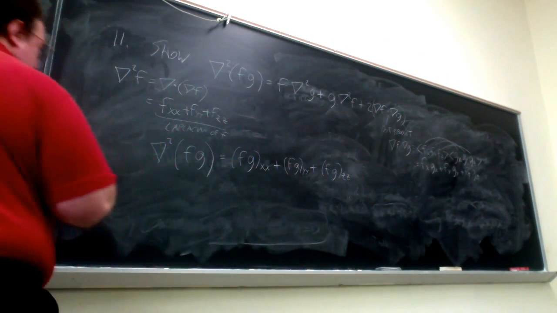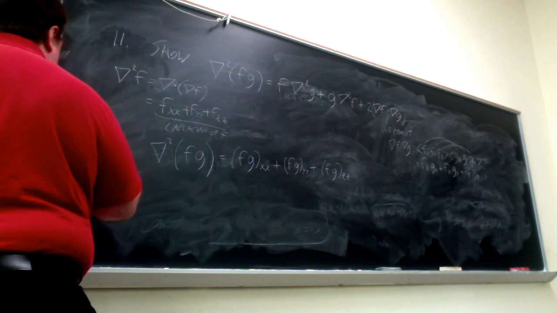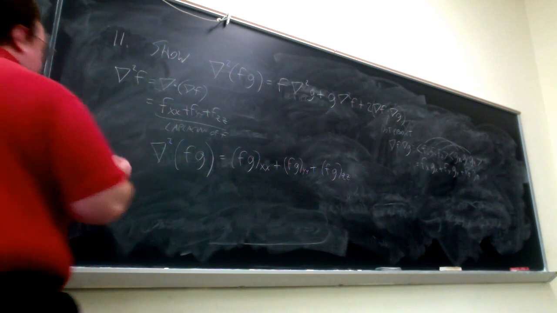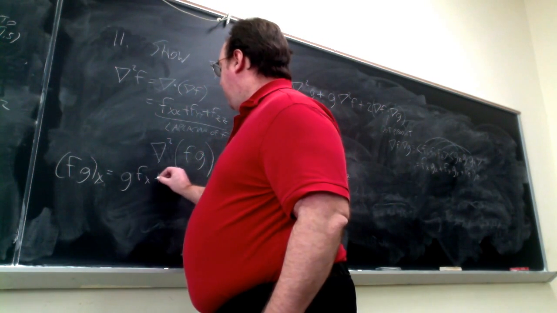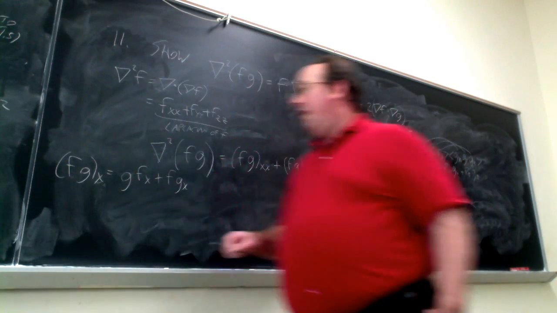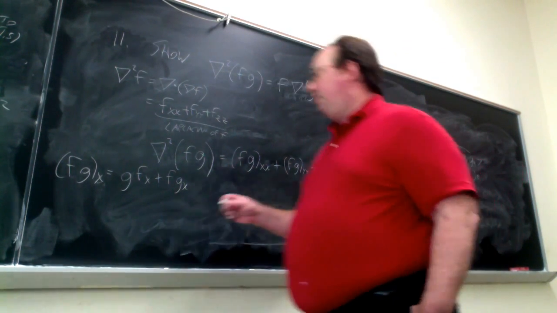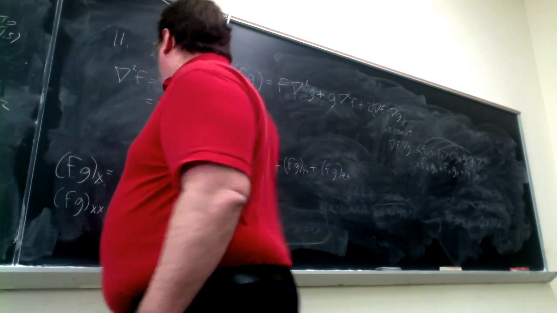This is a rule that's good to know anyway. All right, so if I wanted just a first derivative with respect to x, that's a straight product rule. So that would be gfx plus fgx.